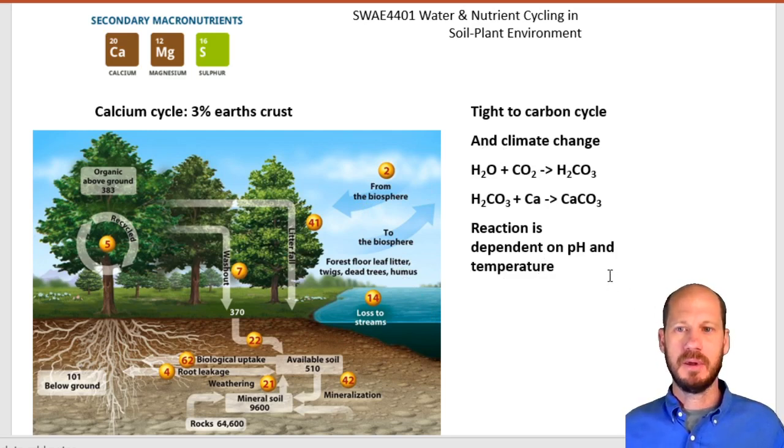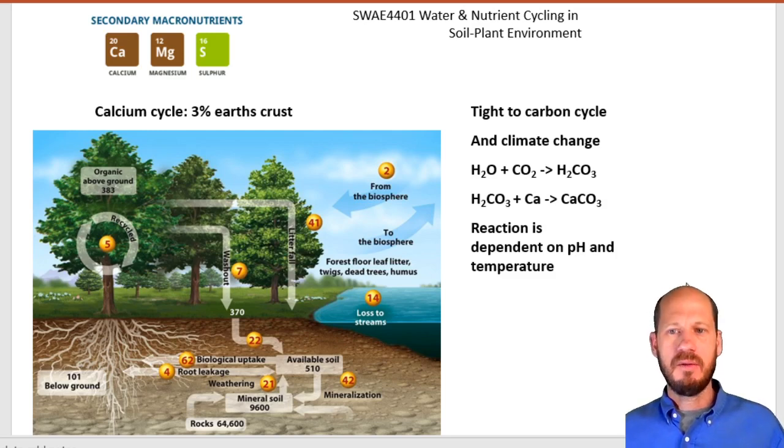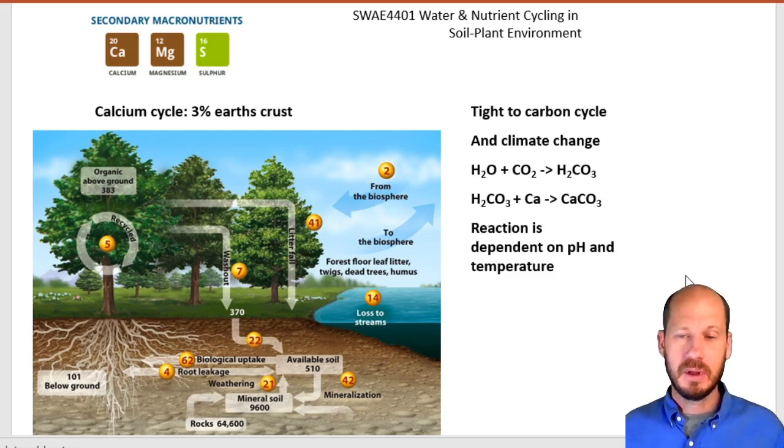So calcium carbonate is a very big form of calcium storage in the soil. It's usually very unavailable to plants, and this is one of the reasons why you can find calcium deficiency in some situations, because even though you sometimes have 30% calcium carbonate in the soil, the calcium carbonate represents a form of calcium that is many times insoluble.